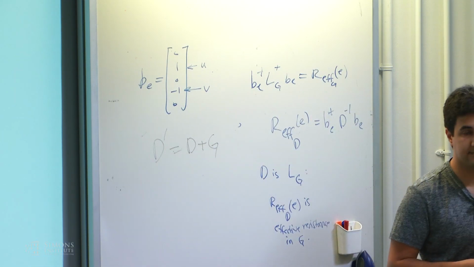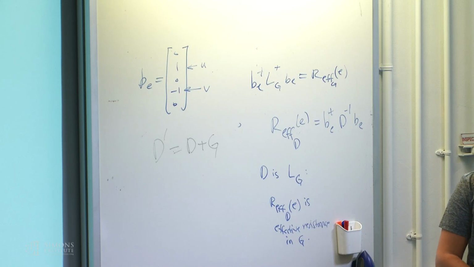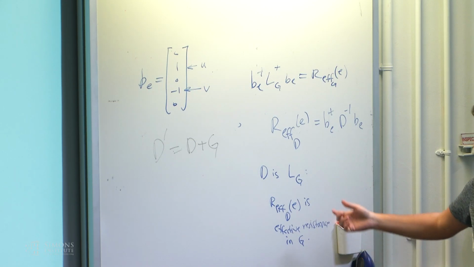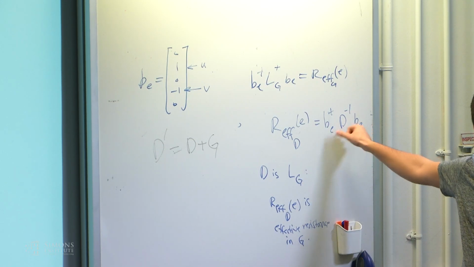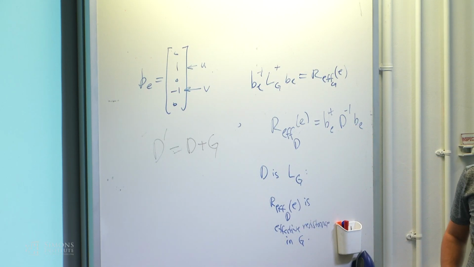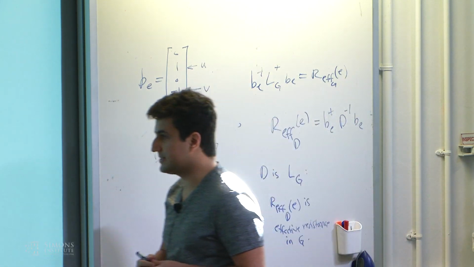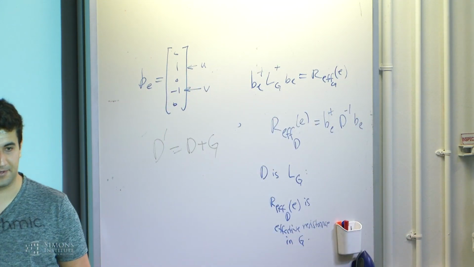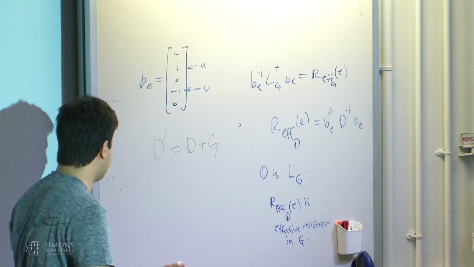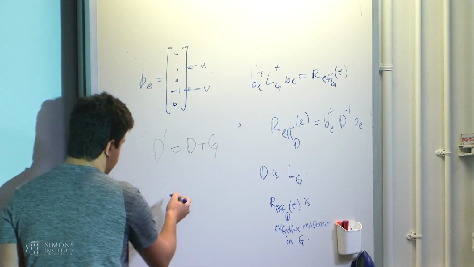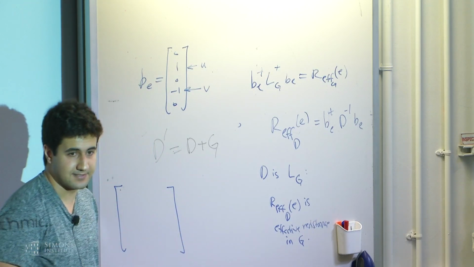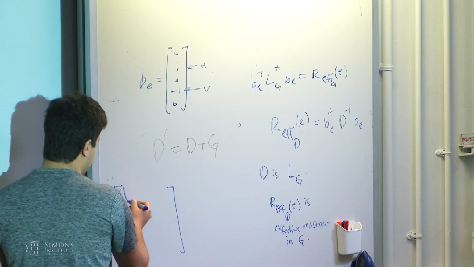And this is linear in the entries of D. No, it's not. You're taking D and you're inverting it. So why is this a semi-definite program? Oh yeah, that's a very good point. You can turn it into a semi-definite program. What you have to use is basically Schur complements.